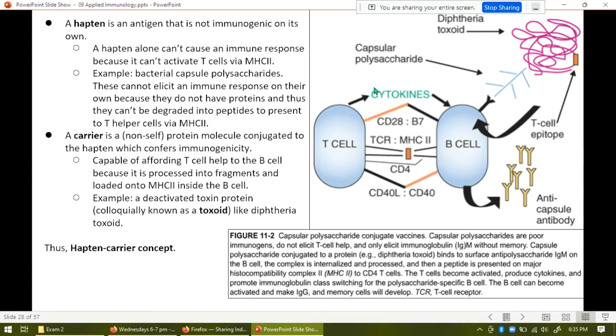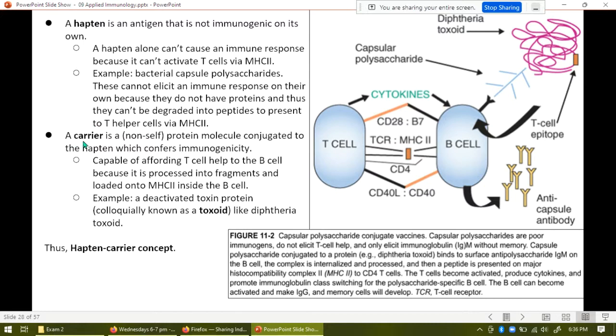And that T helper cell is going to provide the cytokines that allow the B cell to undergo class switch, determined to turn into a memory B cell, to undergo somatic hypermutation, to become long-lived memory B cells. All of those things that B cells do that we're so interested in making vaccines for, yeah, they all depend on T cell help. Okay, so you need this protein in order to generate a response against a polysaccharide.